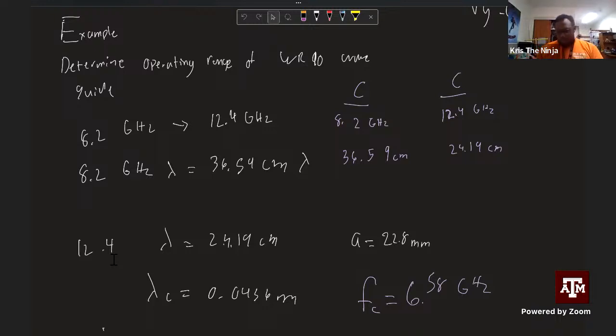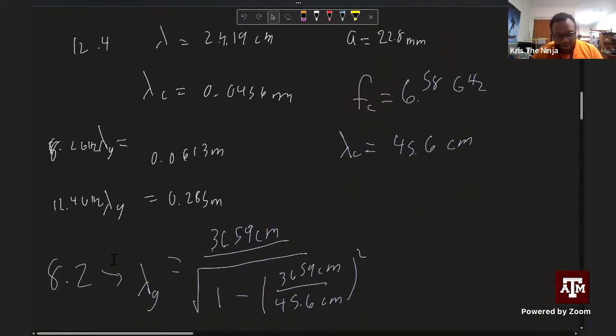And that should give us the same value that I calculated earlier in the class.